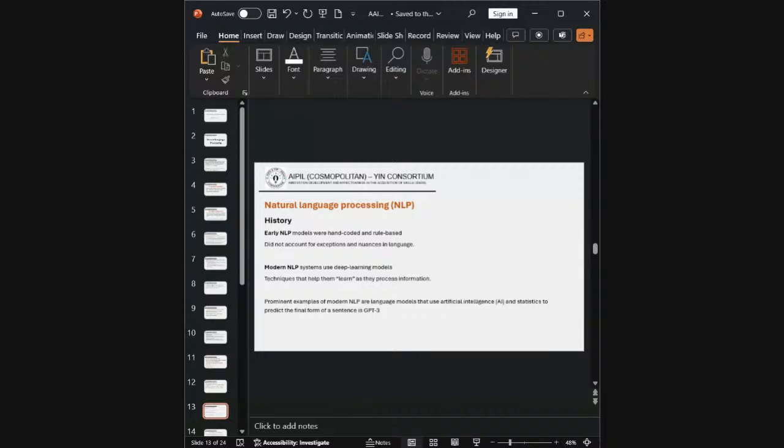Now, the modern systems use deep learning models. With deep learning, from the last module, you can see that there are layers upon layers of inputs that can help you to understand what they are parsing.